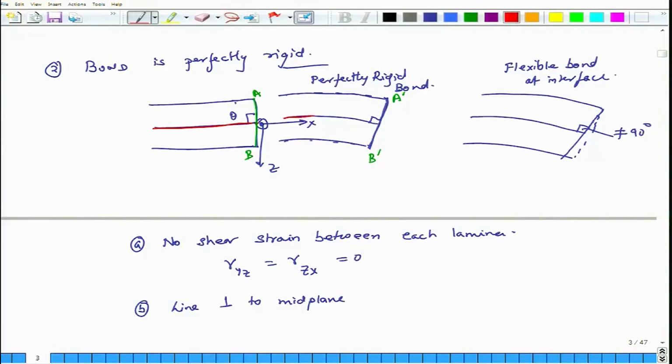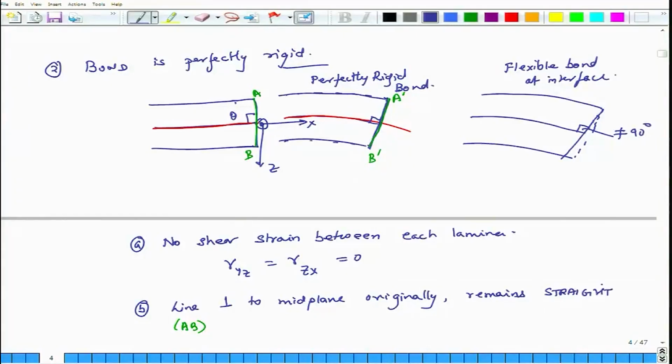The line which was originally perpendicular to the mid plane also remains straight.